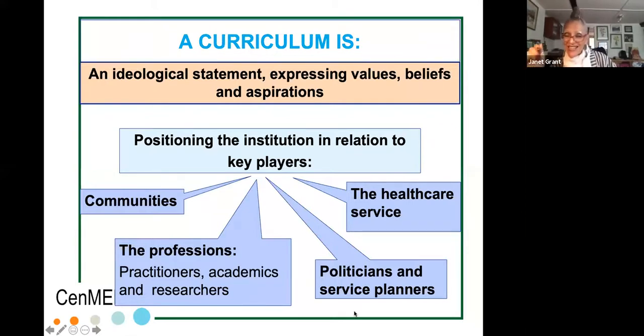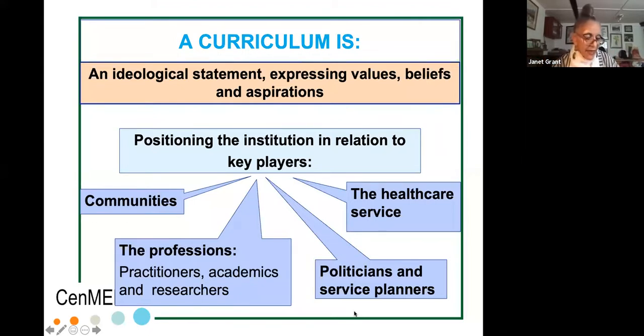And then obviously there are politicians, there are service planners, and medical schools, one way or another, are allowed to be there because politicians and sometimes service planners, and in my case both, say that you can be there. So a curriculum is an ideological statement that takes into account all of these agencies.